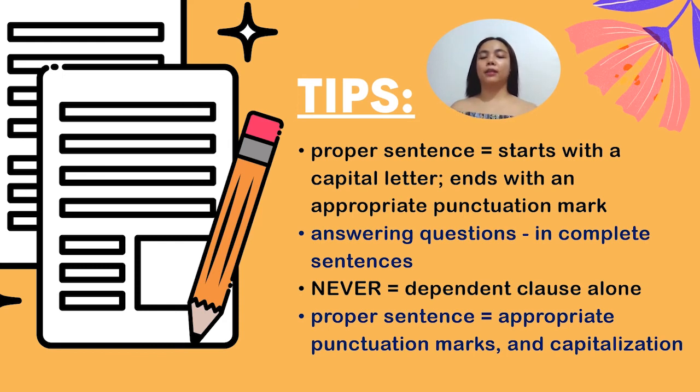Very basic. Number 2. When you're answering questions, please do it in complete sentences. Especially when you are asked to write an essay about a particular question. Please answer questions in complete sentences. Not just in written form, but in oral communication.